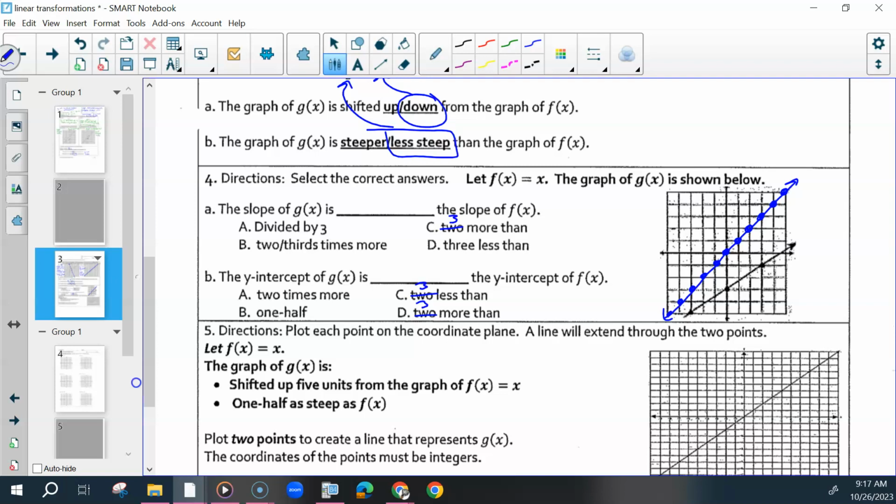What is the slope of the new function? 2/3. So the only one that has something about 2/3 is B. C and D could not apply because these are adding and subtracting. Slope has to be multiplication or dividing.